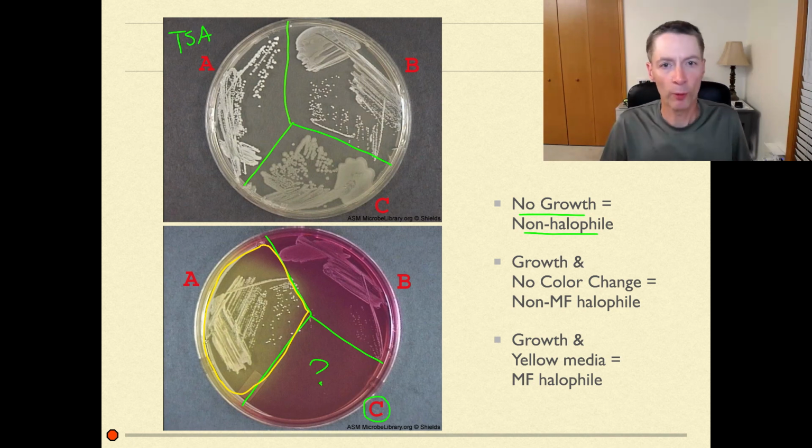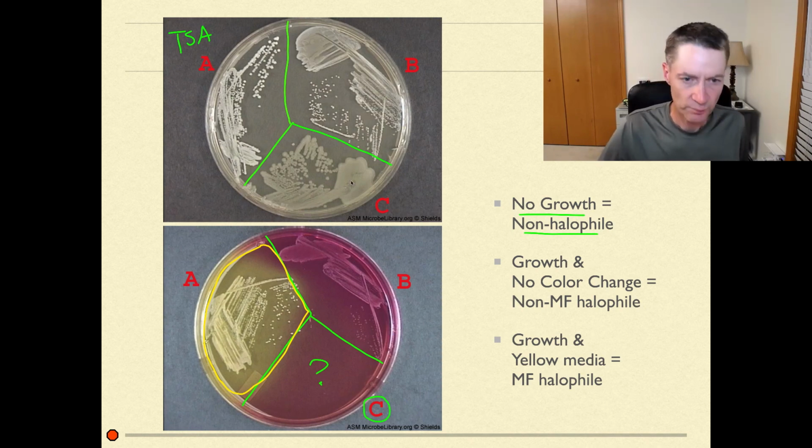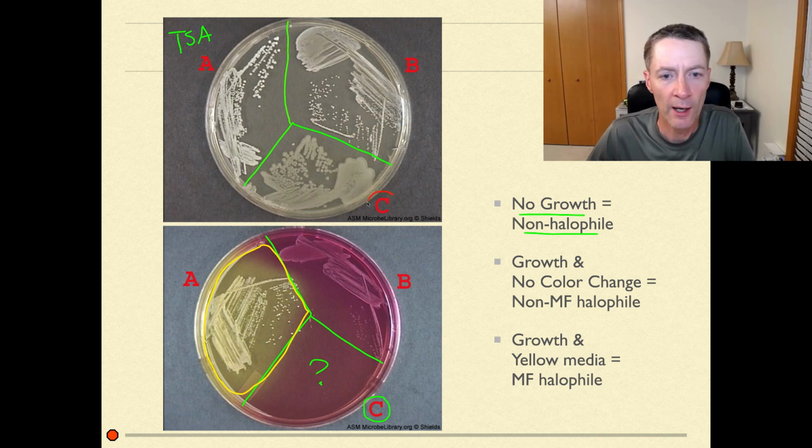Now, before we call this clip quits here, I want to just point out that just because item C, this bacterium labeled C, did not show a color change down here, does not mean that it's a non-mannitol fermenter.